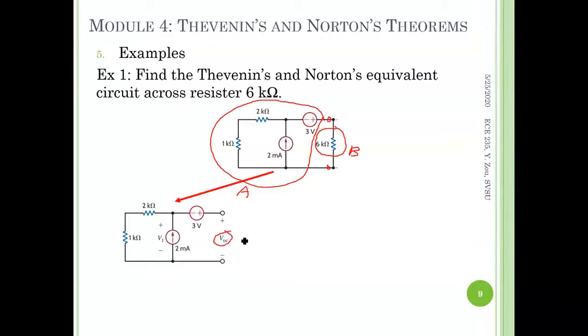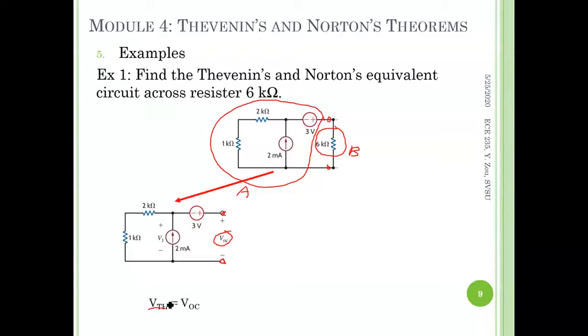We should look for it with the 6 kilo ohm as part B removed, and we open that part across these two terminals, and then we know VOC is nothing but our Vth, because to find the Thevenin equivalent circuit, we need Vth and Rth.